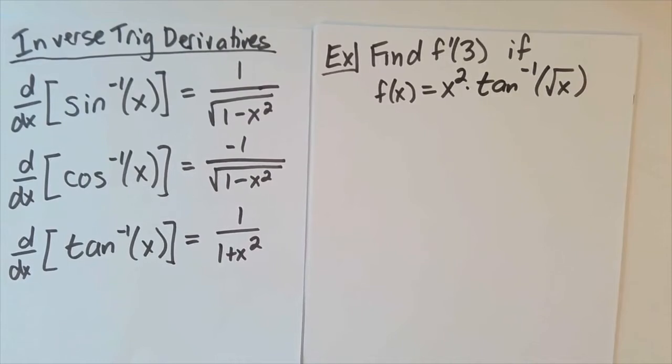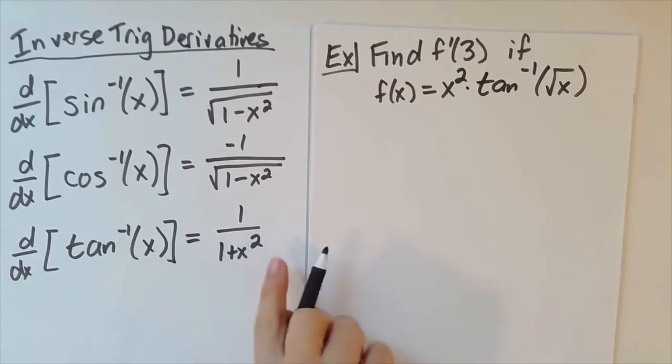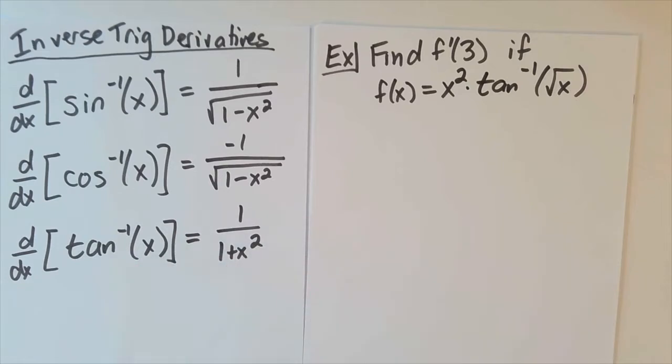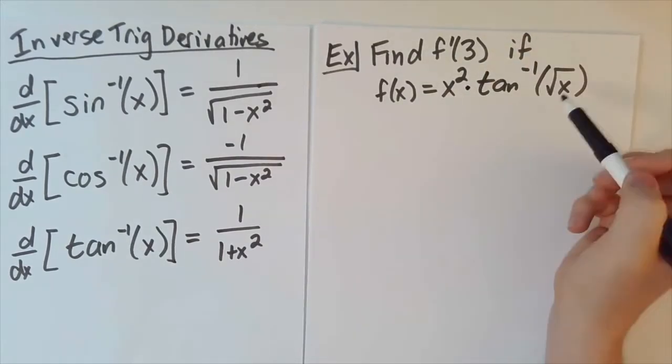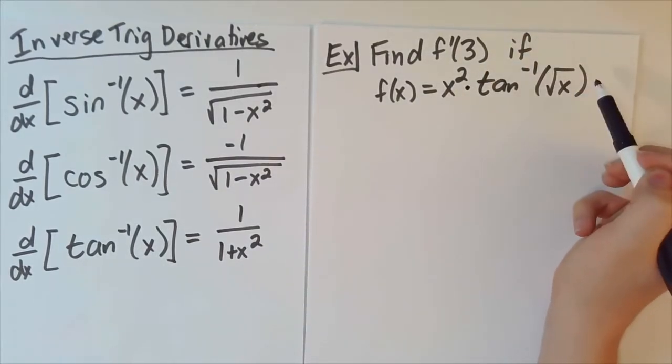Okay, so I'm going to need my formula for the inverse tangent derivative, but also the way this is written down, I'm also going to need the product rule because this is a product, and I'm also going to need the chain rule because there's a square root in here.